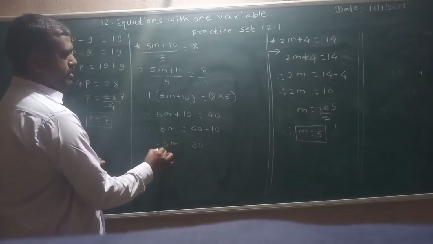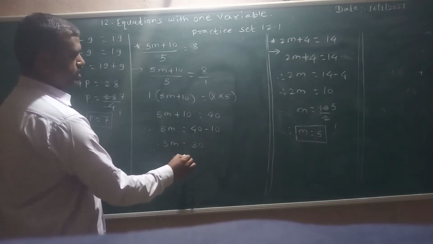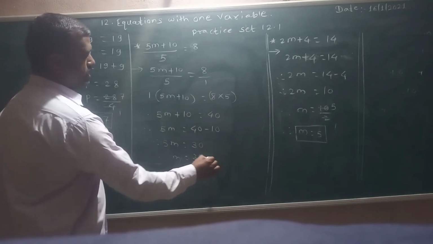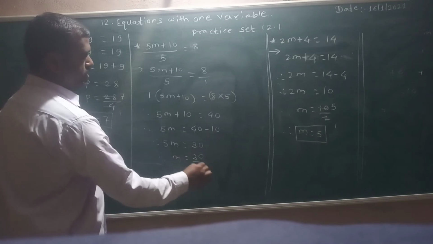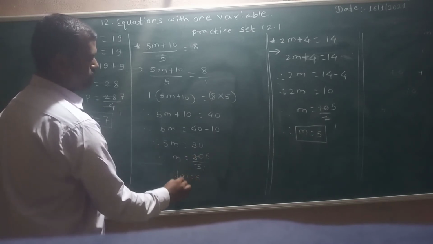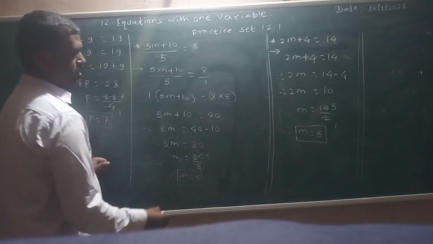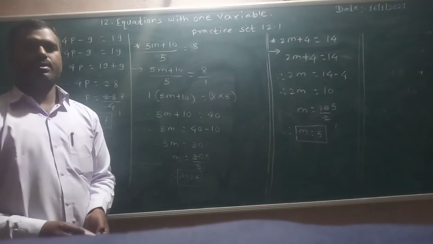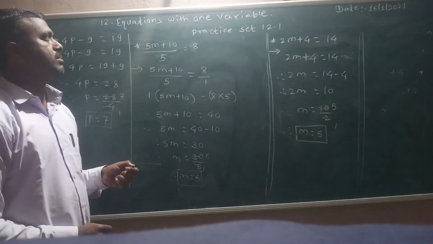Here into 5 is there, into 5 becomes divided by 5. Therefore, 5 1s are 5, 5 6s are 30. m is equal to 6 is the answer of the given linear equation with one variable.